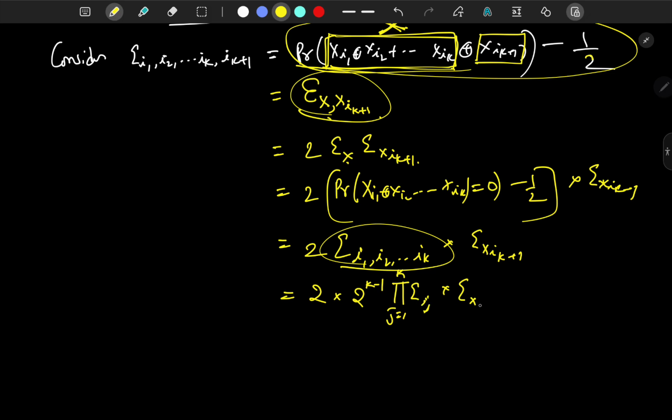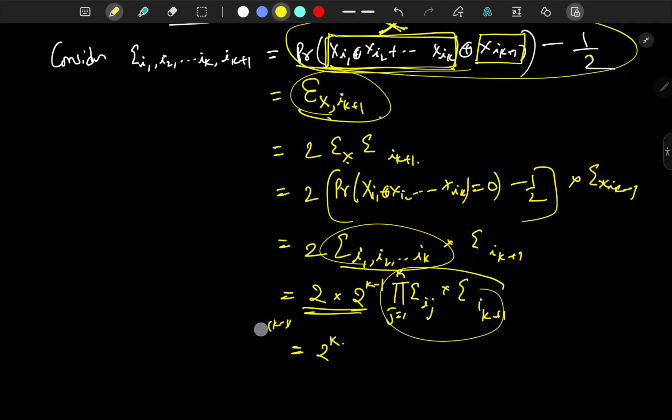Whatever, these are the normal notations. So 2 into the product, and X(I(k+1)) is there. Okay, are you happy, do you understand my point? So finally we can club this whole thing as 2 to the power k, with j equals 1 to k plus 1.